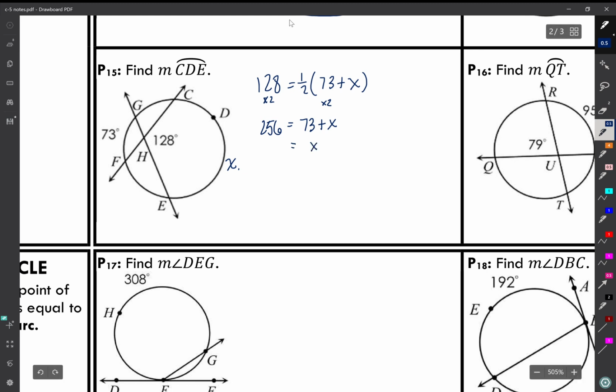So 256 minus 73 is going to give me 183 degrees. So that is the measure of, excuse me, not angle CDE, arc CDE. The measure of arc CDE is equal to 183 degrees.